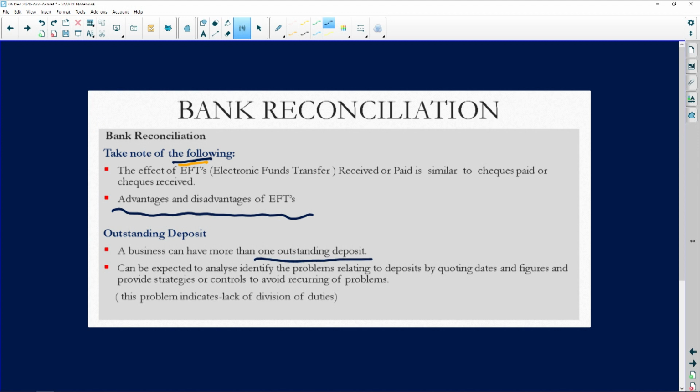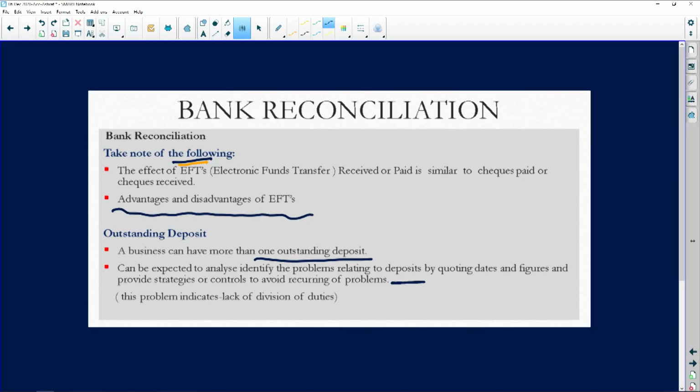If there are outstanding deposits for legitimate reasons, then there's no problem. However, when you find that they're outstanding for a long time, or they are only processed after 15 or 18 days, then obviously that means that there is something awry, something needs our attention.